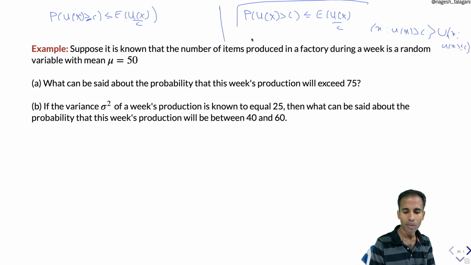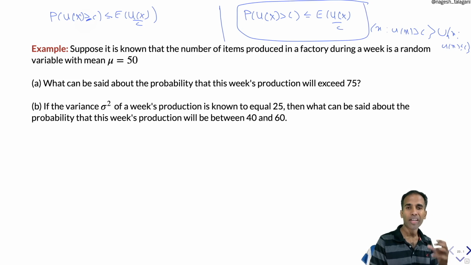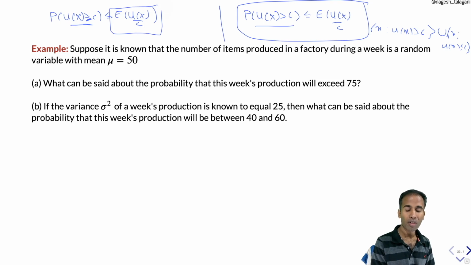So you'll end up with this result. So whether we include equality or not, we can still use this upper bound. Expectation of u of x by C will be an upper bound for both these events, whether u of x greater than or equal to C or u of x greater than C. You don't have to worry about whether equality is included or not. Okay. Fine.